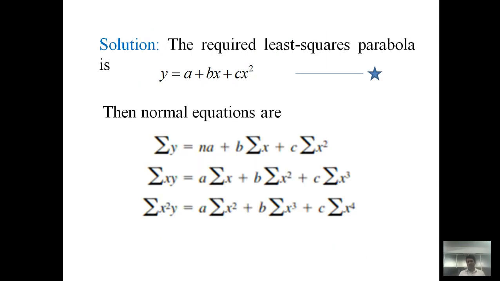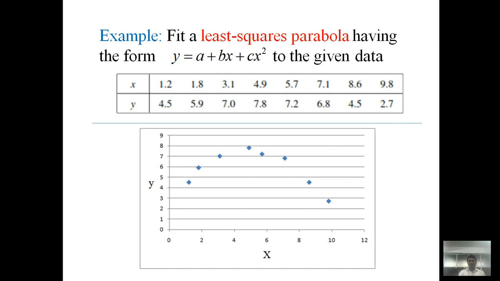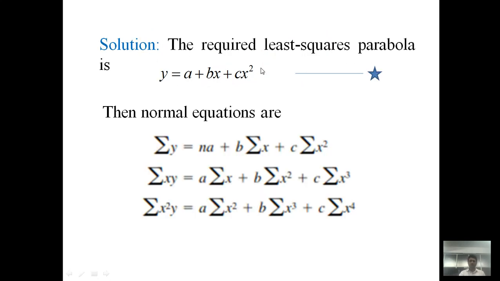So let's start the solution. Our aim is to find the least square parabola. So at the first step we assume the required least square parabola is y is equal to a plus bx plus cx square.